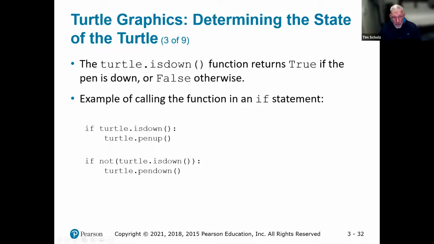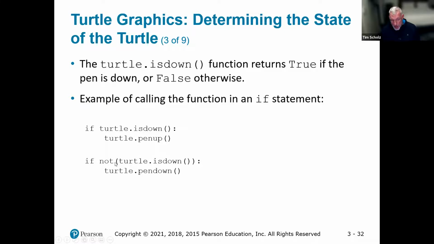So here it's a little bit different because we're looking at is down, which is a Boolean variable. So it's declared as Boolean. So is down is going to return true or false. So basically we're saying, hey, if it's down, return the value of pen up if the turtle is down.